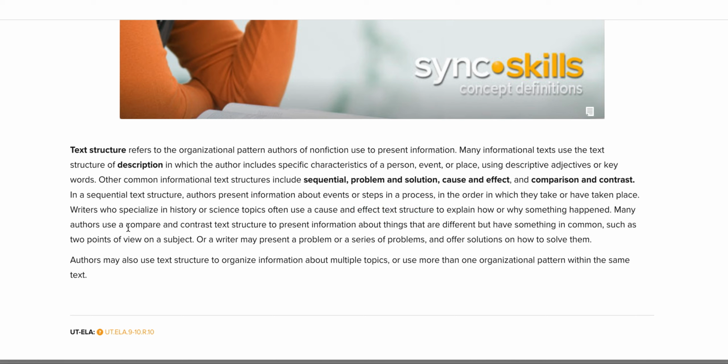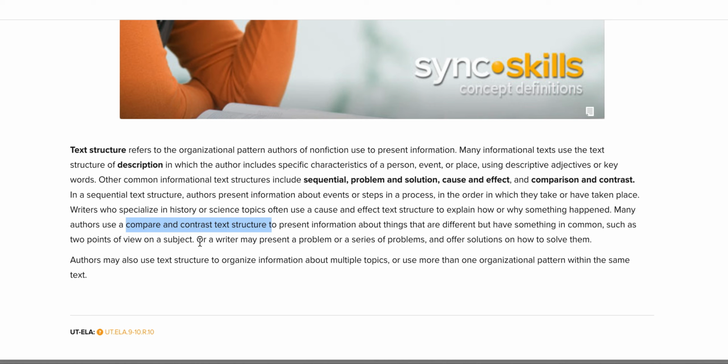Many authors use compare and contrast text structure to present information about things that are different but have something in common, such as two points of view on a subject. And I think comparison and contrast is one of the most common ones that's used in high school level essay writing, and I think you probably used it for your last essay when you're comparing and contrasting two texts for their themes or their central idea or their points of view.